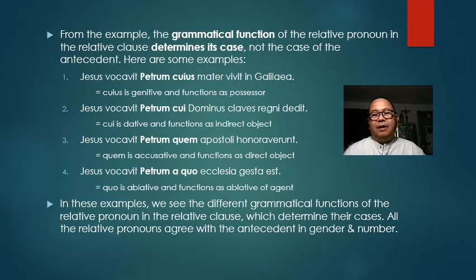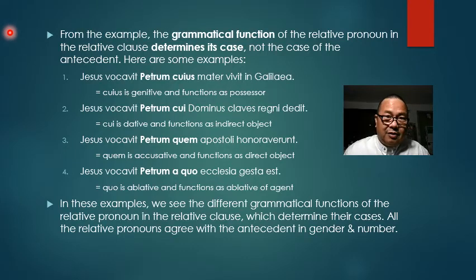Okay. What determines the case of the relative pronoun in the relative clause? The answer is its grammatical function. If it is the subject in the relative clause, it is nominative case. If it is genitive case in the relative clause, it is the possessor. If it is the indirect object in the relative clause, naturally, it is dative case.